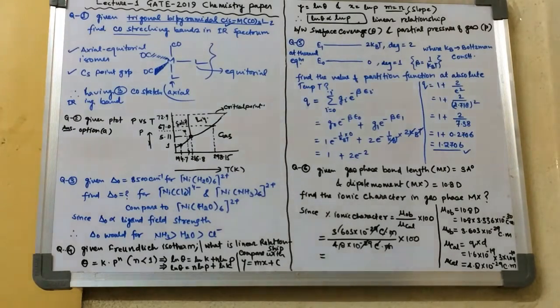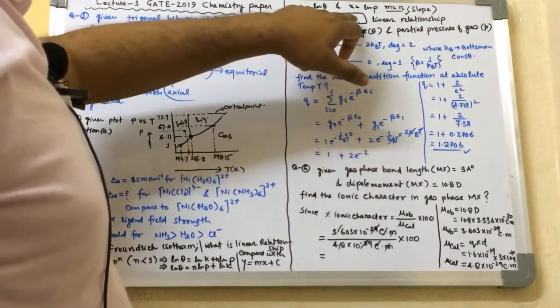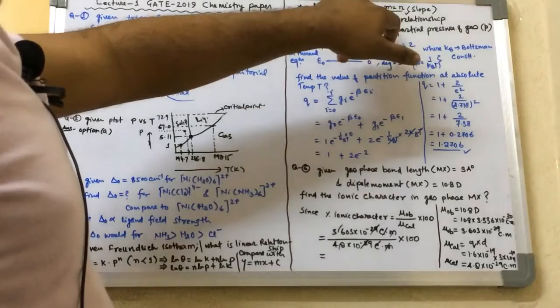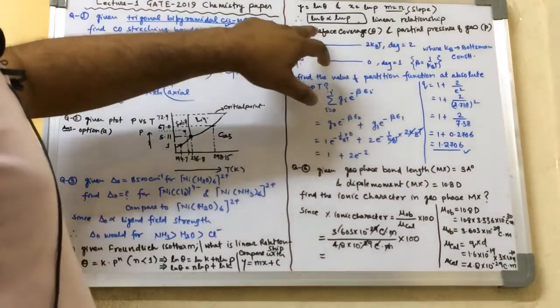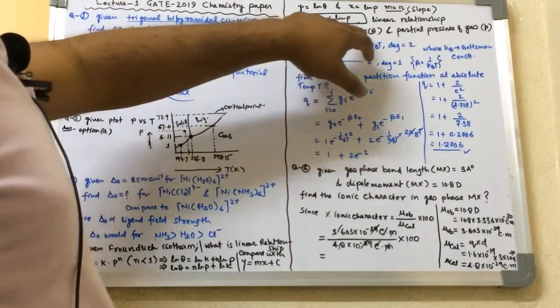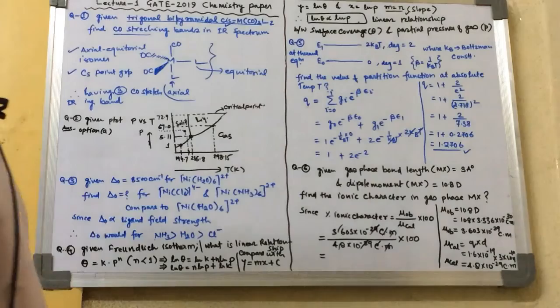In option B is given ln theta versus ln p. I have written on the top right that ln theta is proportional to ln p. So this holds the linear relationship between the surface coverage theta and the partial pressure of the gas.